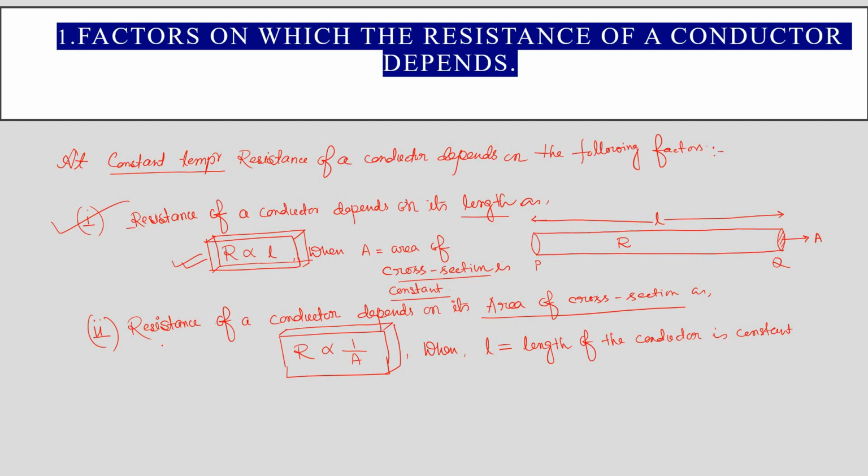Again, when length of the conductor is constant, then resistance of that conductor is inversely proportional to the area of cross section. So these are the main dependence. And another one is there. This is the third one.